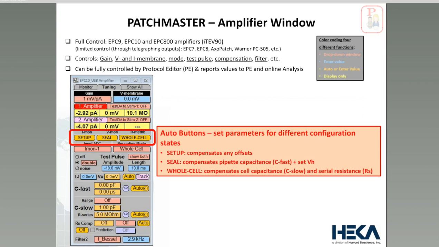Then underneath we have the auto buttons, which I will talk about in more detail in a little bit. These auto buttons can be used to control the amplifier window when you establish the recording configuration. They can also be modified and adjusted to your liking, and you use the protocol editor to do that.